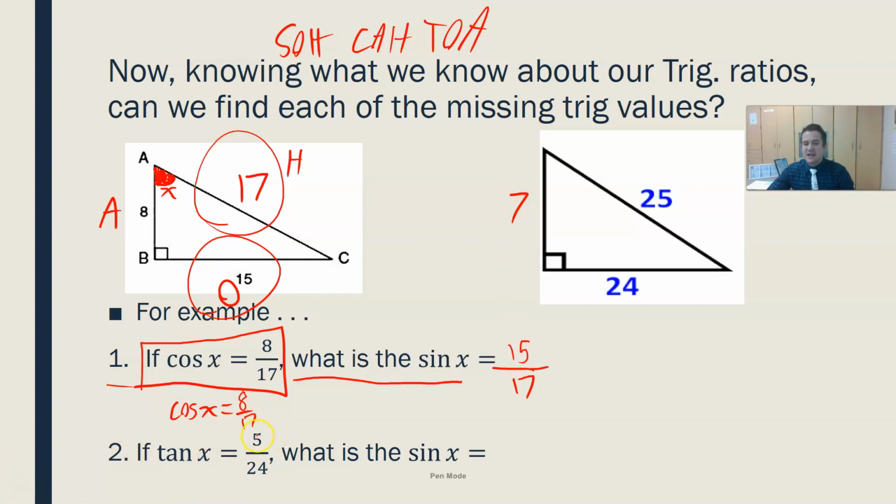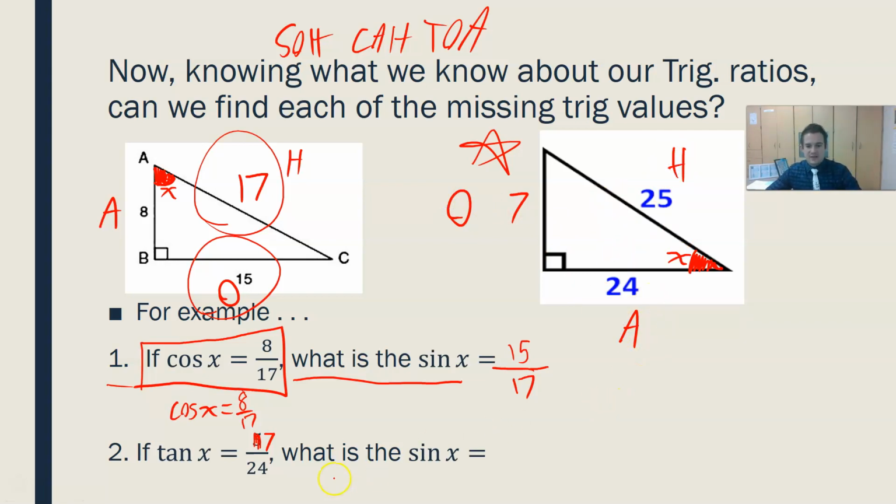Then in this second one, this should be a 7. I don't know why it's a 5. If tangent of x is 7 over 24, what is the sine of x? Looking at this angle right here, call it x, this would be my opposite, adjacent, and hypotenuse sides.